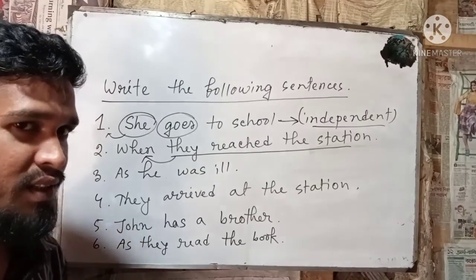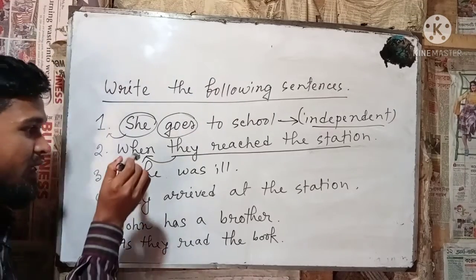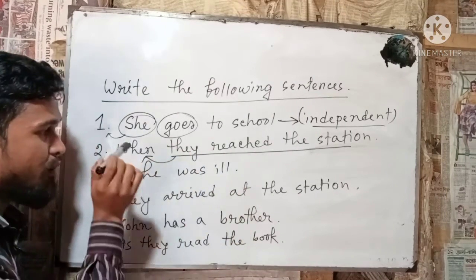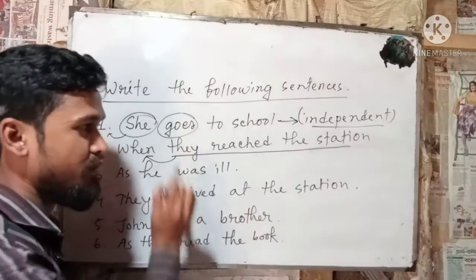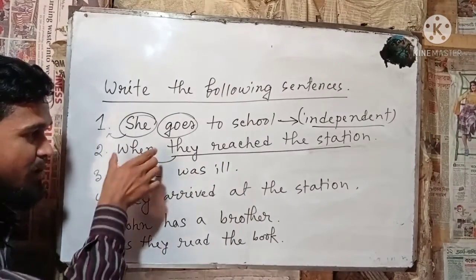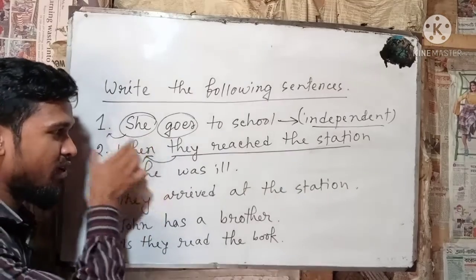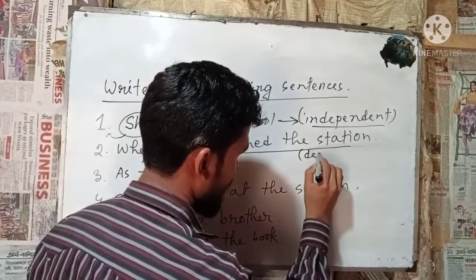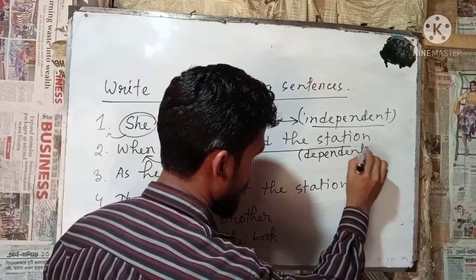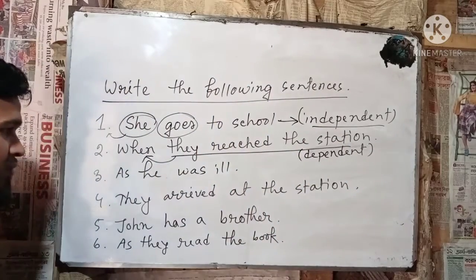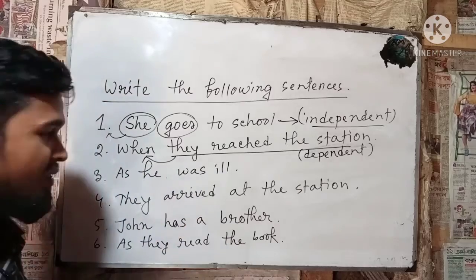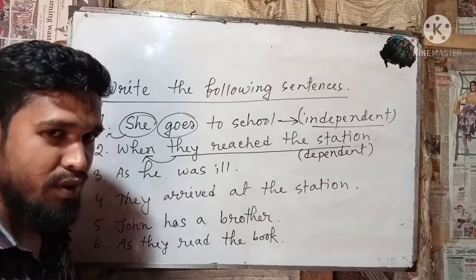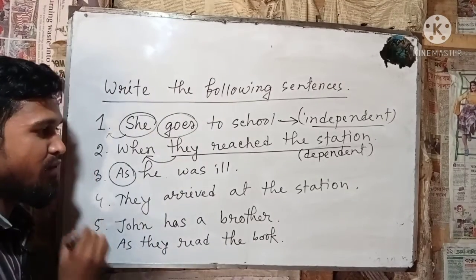Yes: subordinating conjunction plus subject plus verb. As there is a subordinating conjunction before the clause, this is called a dependent clause. As he was ill is also a dependent clause because there is a subordinating conjunction before subject and verb.